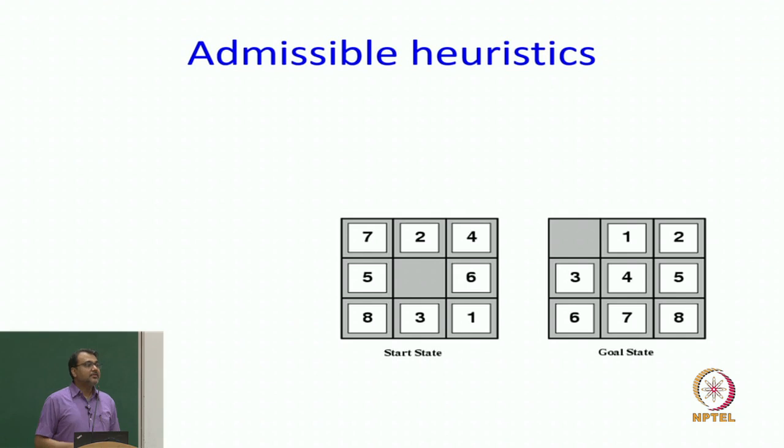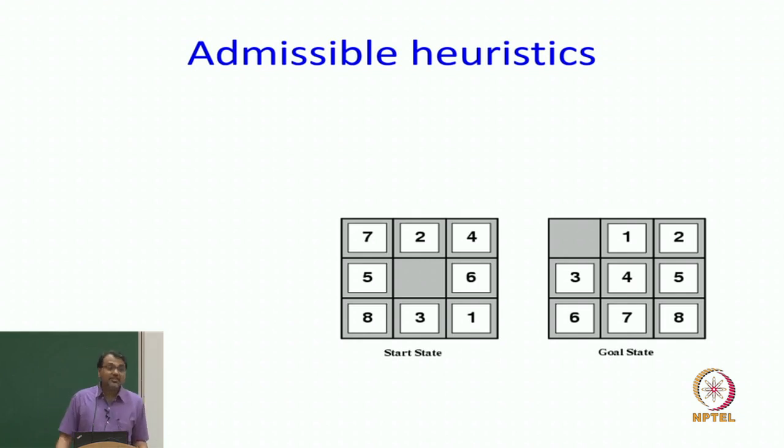So, we go back to our favorite 8 puzzle problem and we ask the question: we have to go from the start state to the goal state. Can we estimate a heuristic for a node?